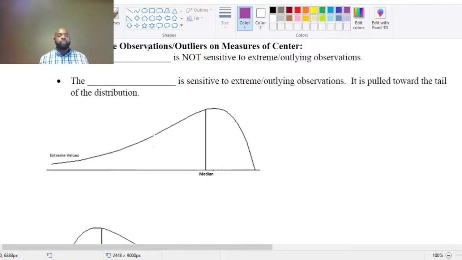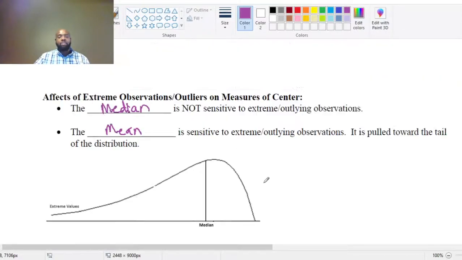Another word for extreme observations is outliers, although there's a different definition or a way for you to find those values besides just looking at a dot plot. But the median is not sensitive to outliers or extreme values, while the mean is sensitive to those extreme outlying observations.